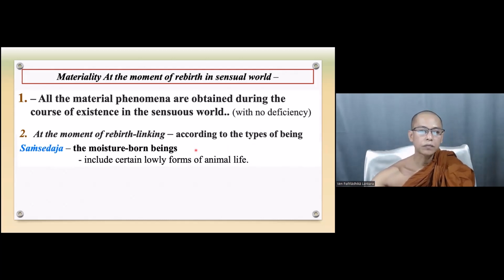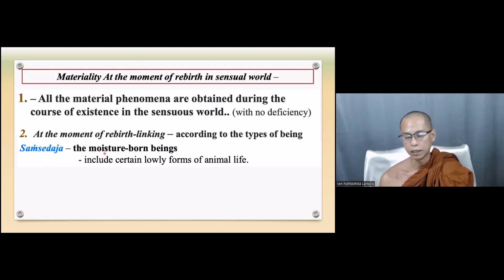Usually, we can understand what the moisture-born beings are. Moisture-born beings are some insects. Some insects were born depending on the moisture.